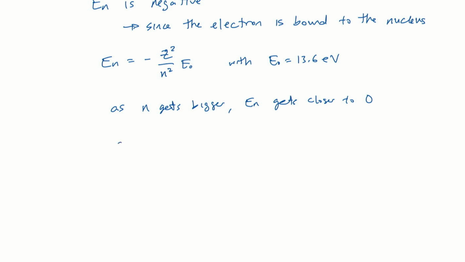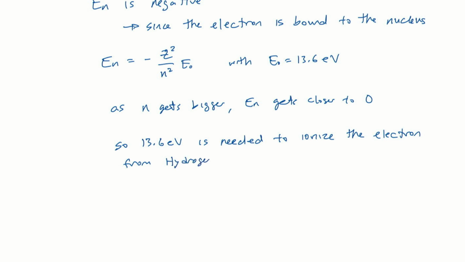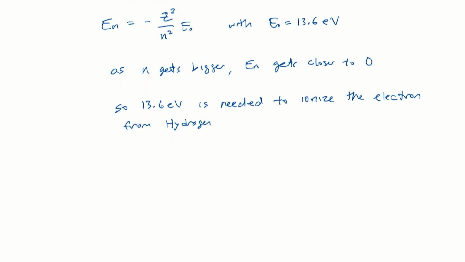And so we can say 13.6 electron volts is needed to ionize the electron from hydrogen. So that's the positive 13.6. So that's how much energy is needed to ionize the electron from hydrogen. Okay, and that has been verified experimentally.